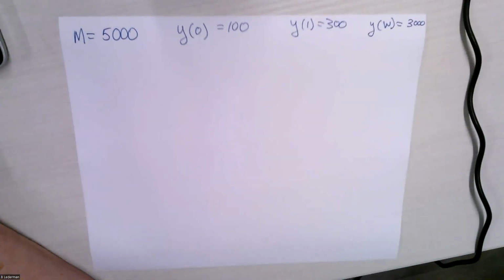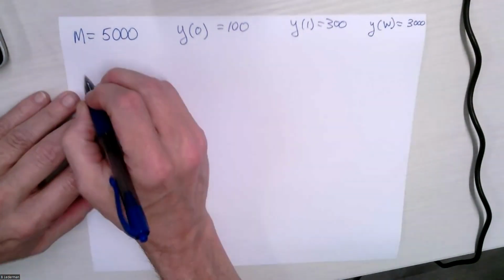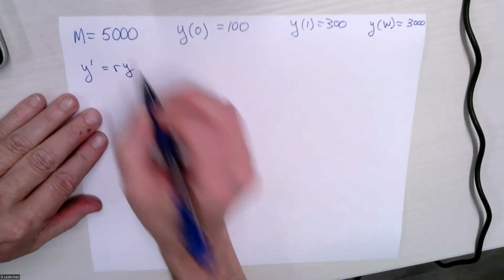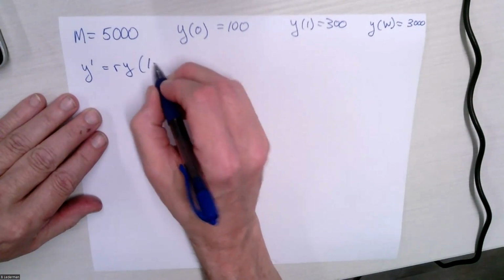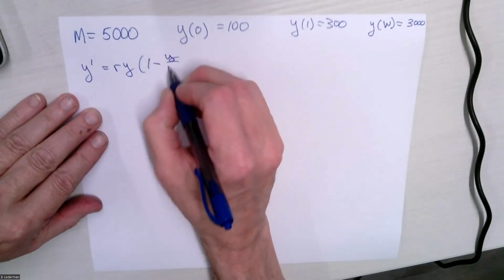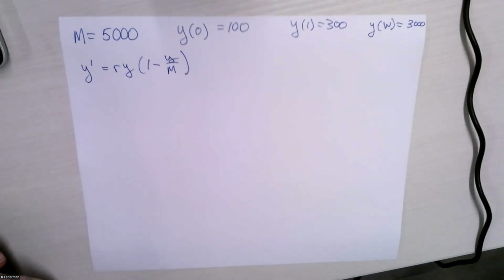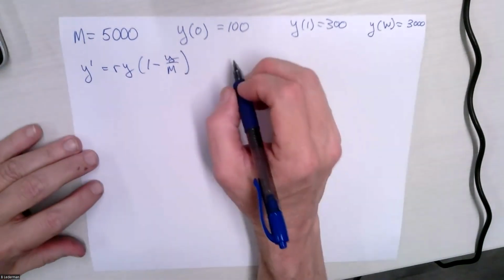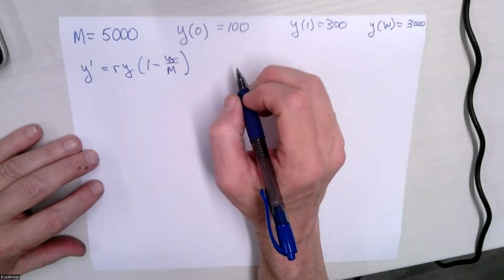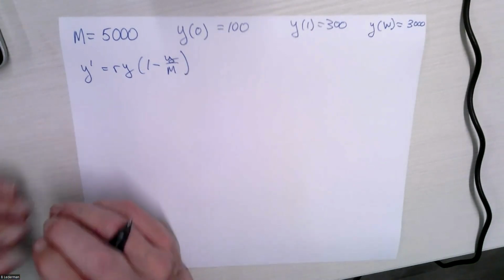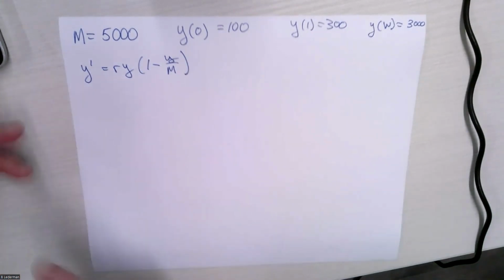Now, we learned that the differential equation for this is y prime equals ry times 1 minus y over m. By the way, I didn't say what r was. r was the growth rate minus constraints, meaning how the population would grow if there wasn't any kind of maximum value.